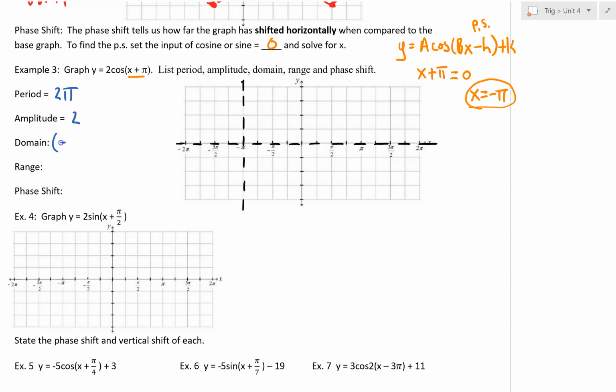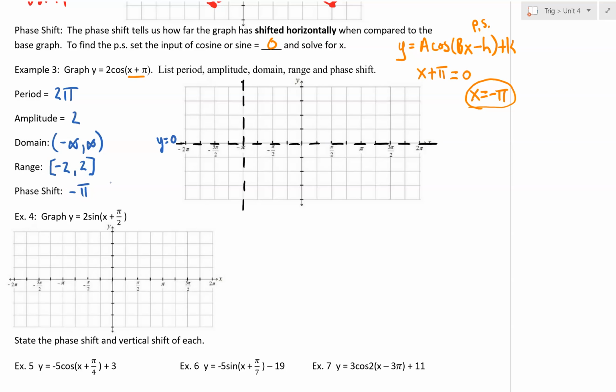Domain, that doesn't change. It's always going to be all real numbers. Range, well, if my midline is at y equals 0, then my amplitude tells me it's got to go up and down 2, which means it's going to start at negative 2 and it's going to go to 2. And my phase shift, well, my phase shift was negative pi.